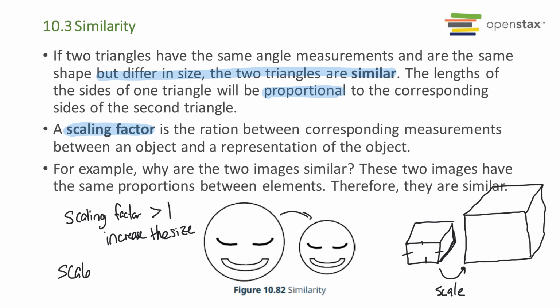And if the scaling factor is less than 1, but has to be greater than 0 because you can't do negative scale, something like 0.5, that means it's half the size, right? So an example here would be 2 times, and this would be 0.5 times, then you've made it half the size, so it's going to get smaller.